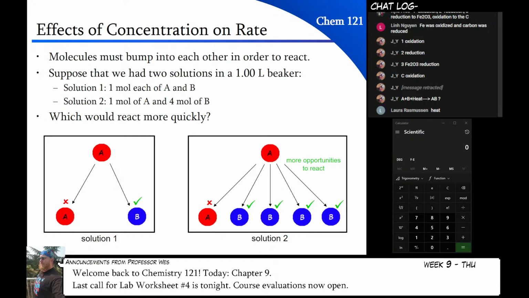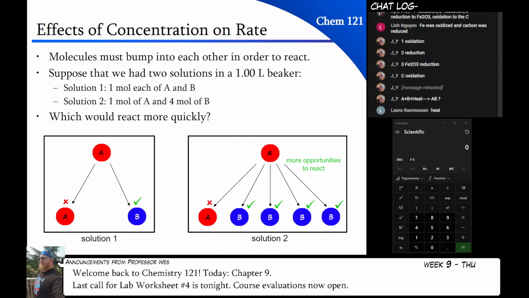In the first situation, solution 1, any molecule of A will have a 50-50 chance of bumping into either another A where no reaction occurs, or another B where a reaction will occur. But if I look at that from this other perspective here, if I have the same amount of A in a solution with 4 times as much B, I have more opportunities for the reaction to occur.